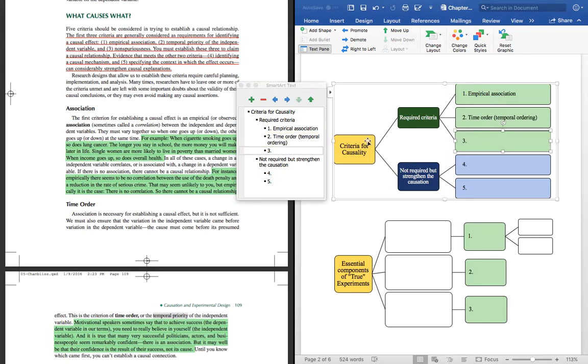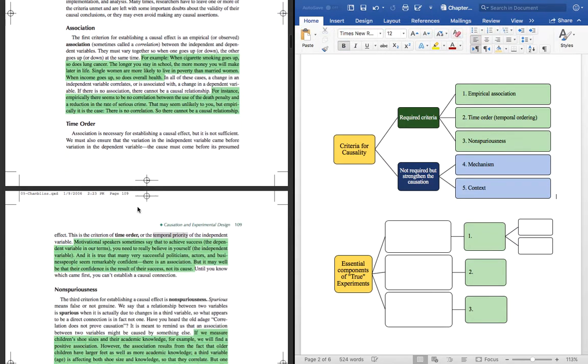And the third criteria is non-spuriousness. These three criteria are absolutely required. And the last two criteria are mechanism and context.